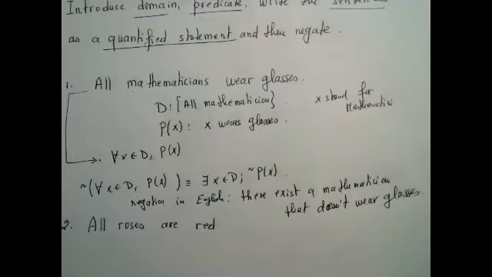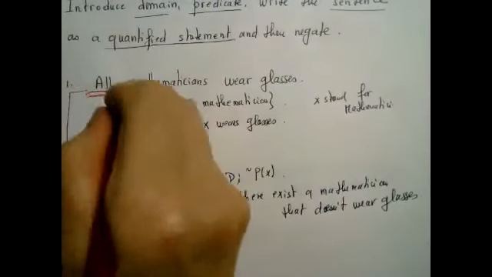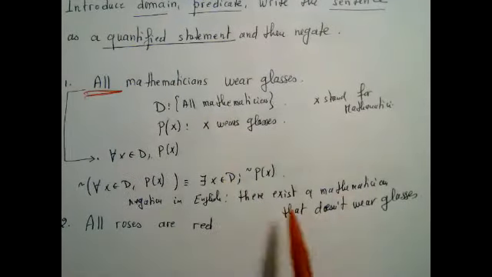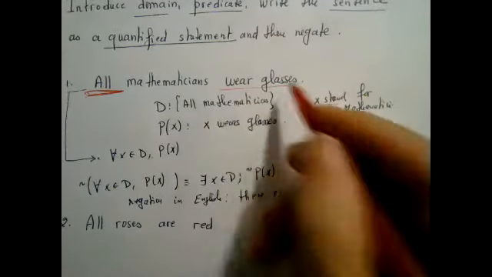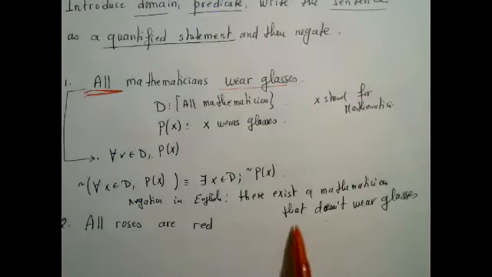Okay, so all, of course, gave it away. All mathematicians wear glasses means the negation is there exists a mathematician that does not wear glasses.